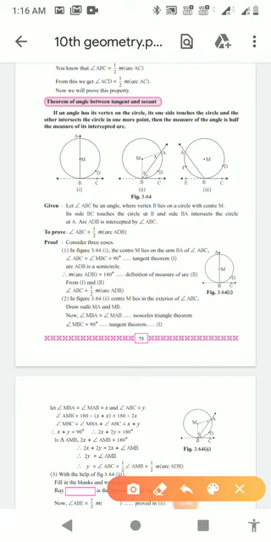So I completed all this data with the help of the diagram. Then the measure of the angle, that is angle ABC, is half the measure of its intercepted arc, which is half the measurement of arc ADB. That is what we have to prove.